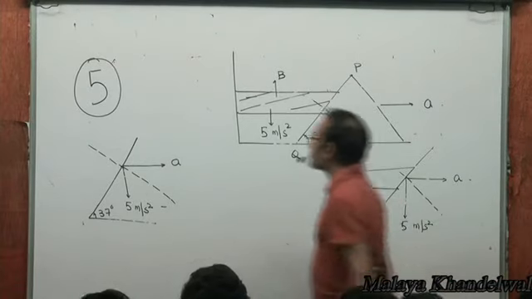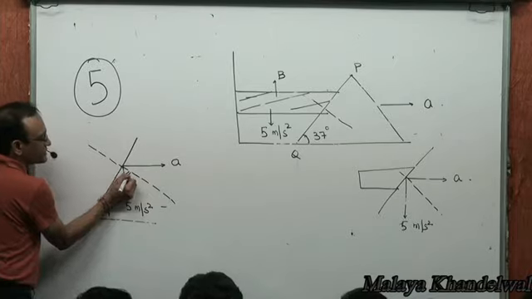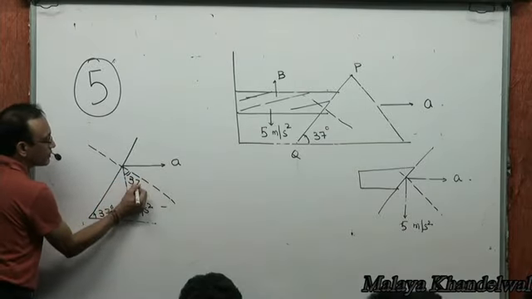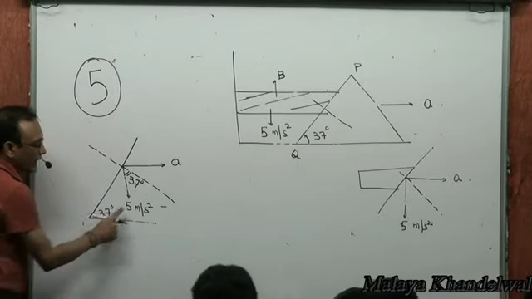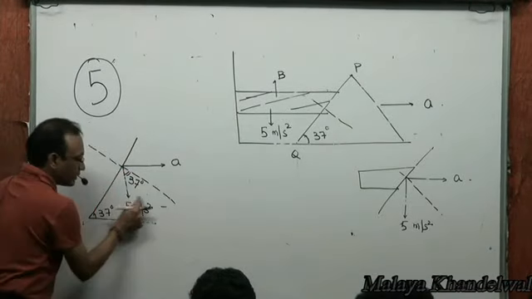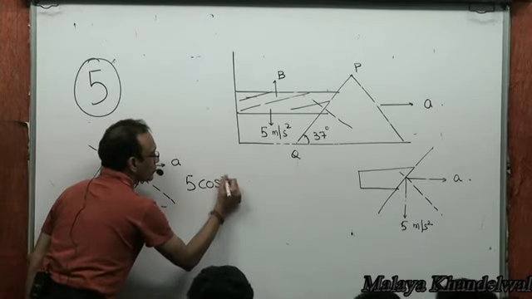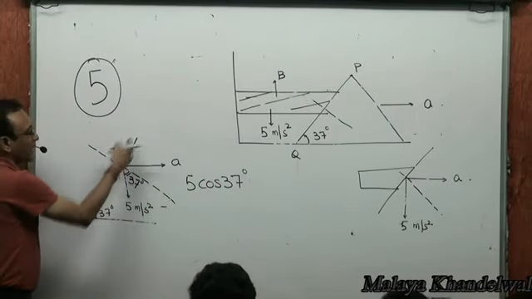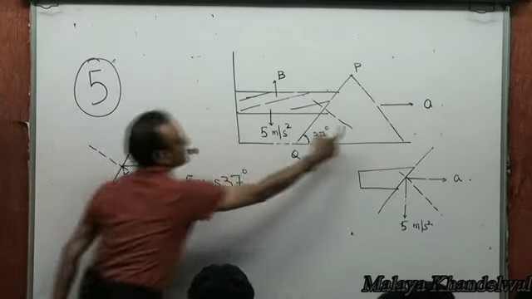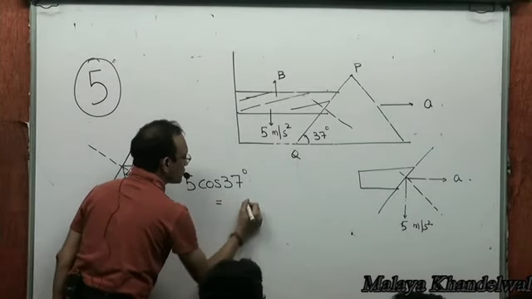So now all that you need to do is, this is 37 degrees, as you can see, right? So acceleration of this block B along this direction is 5 cos 37 degrees. Acceleration of this block A in this direction is A sine 37 degrees.